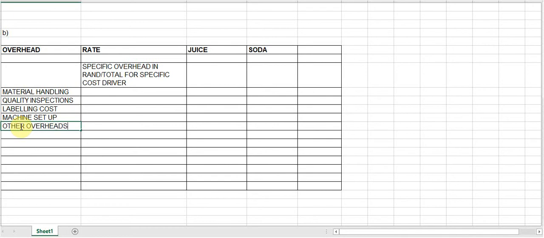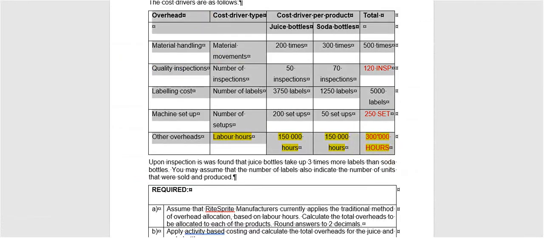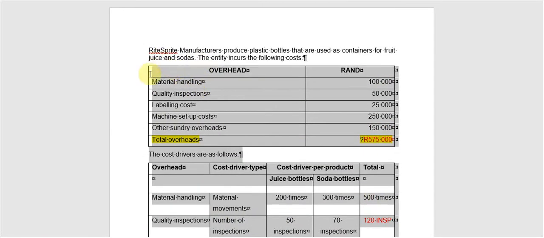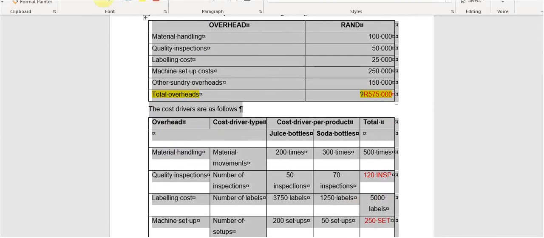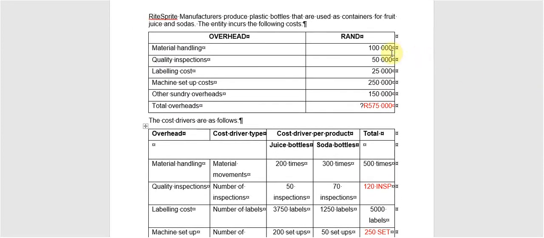Now in this instance where we do ABC costing, I am now going to take down the yellow that I have highlighted because now we need to do a calculation separately for each of the overheads. So we're going to start with material handling, and the material handling was 100,000 rand.